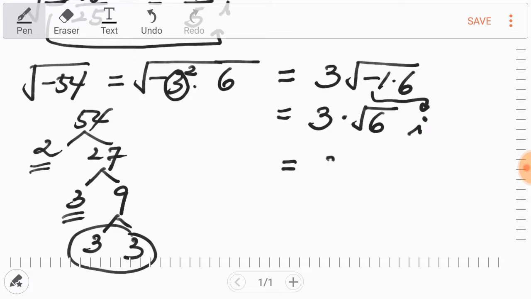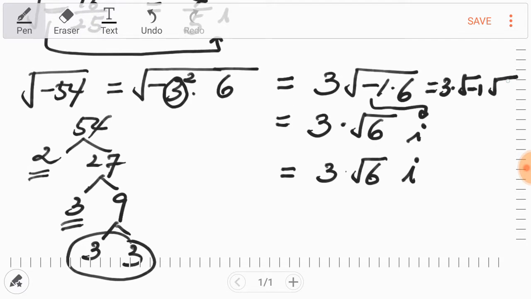So this is equal to 3 times square root of 6i. So basically this is equal to 3 times square root of negative 1 times square root of 6. So the result is 3 times, this is i, times square root of 6. And put i at the end.